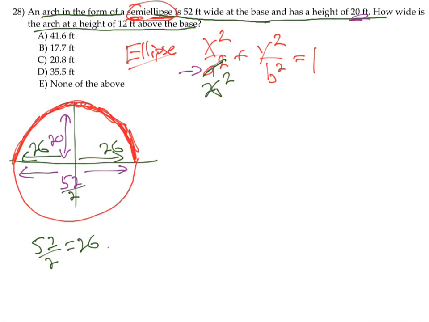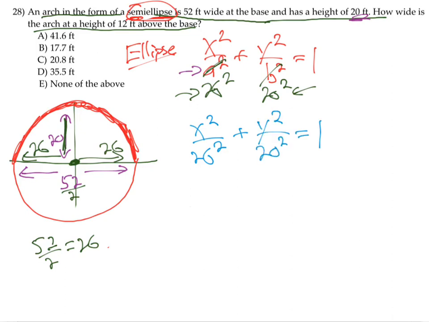Whatever goes underneath x is how far right and left from the center. And then from the center, it's 20 up. So this must be 20 squared. That goes underneath y. Whatever's underneath y is up and down from the center. Okay. So now we have the equation x squared over 26 squared plus y squared over 20 squared is 1.